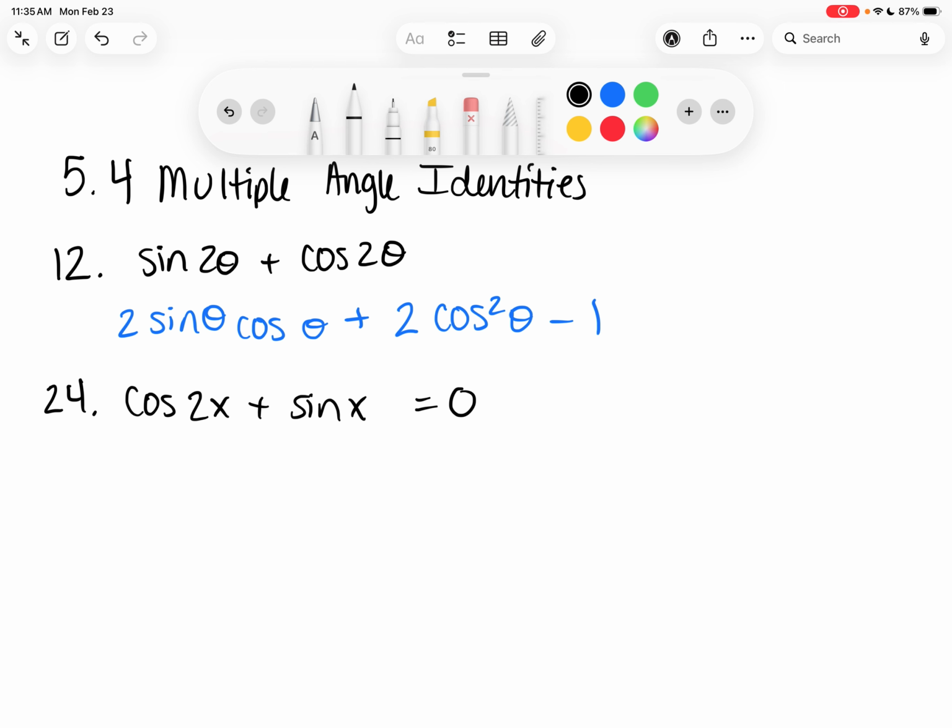So basically, this is just like what we were doing with verifying, where we don't do anything to the right side. I'm not going to subtract sine of x over or something like that until I get all the way down to the end where I'm actually solving. Not to say I couldn't, but if we think about it, when we do the zero product property where we set everything equal to 0, that's basically what we're trying to get to. So that's why I don't want to move it over.